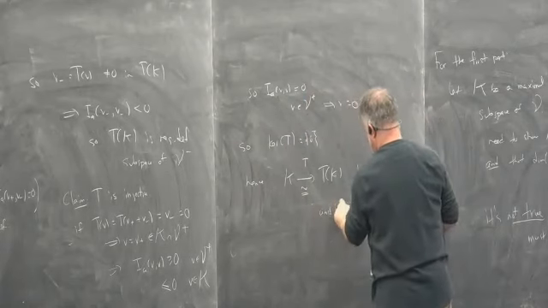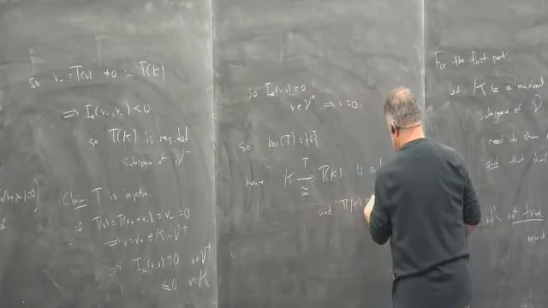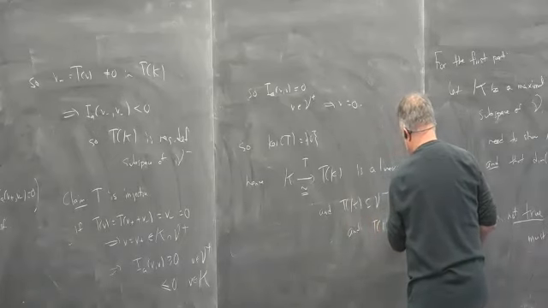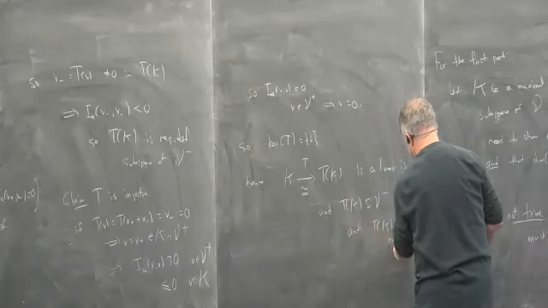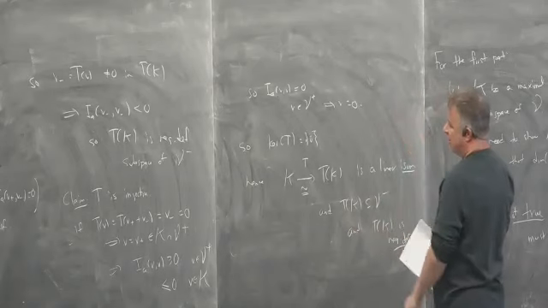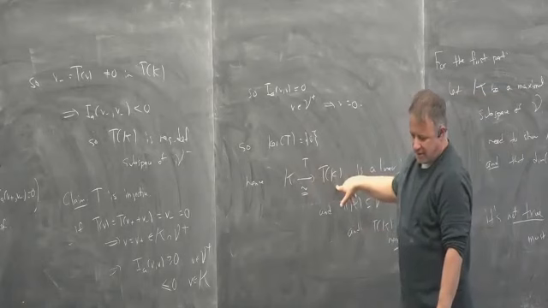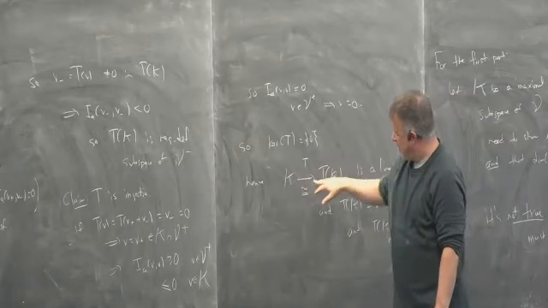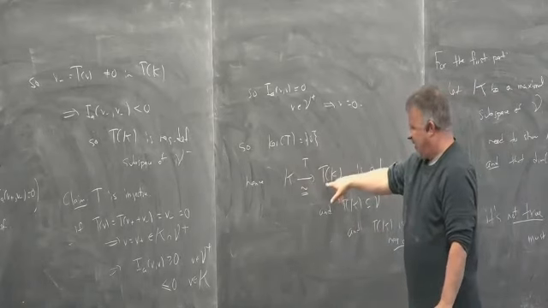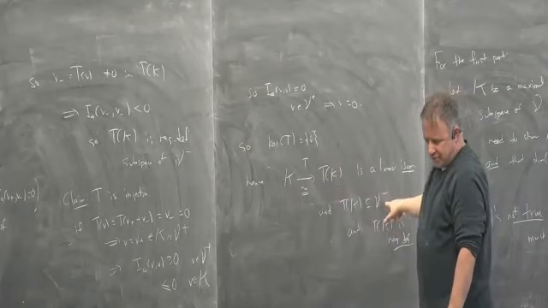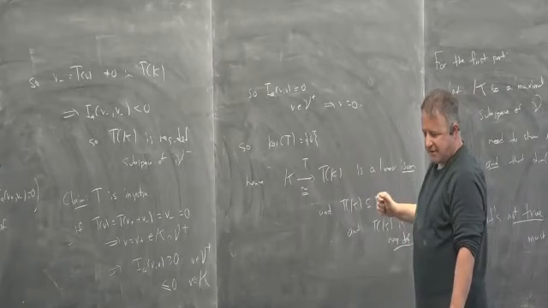And T of K is in V minus, and T of K is negative definite. I haven't used the maximality here, but you see that there's an isomorphism. If I have a negative definite subspace of V minus, then of course it's also a subspace of V and it's negative definite.